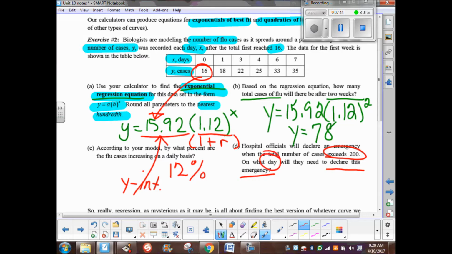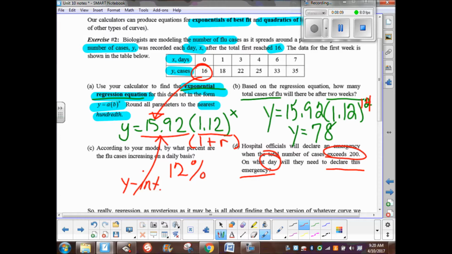So already in part B, that's got to be 14. Correct me on that. Okay. So on the 14th day, there's 78 cases. So now just play around with the calculator and type in, I don't know, 16 days, 17 days.